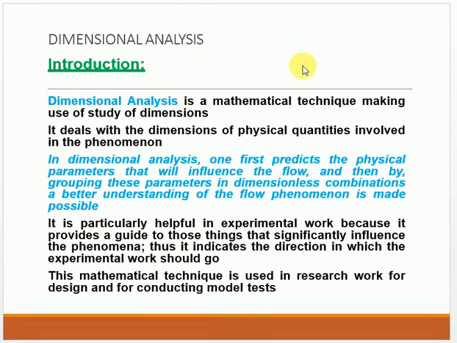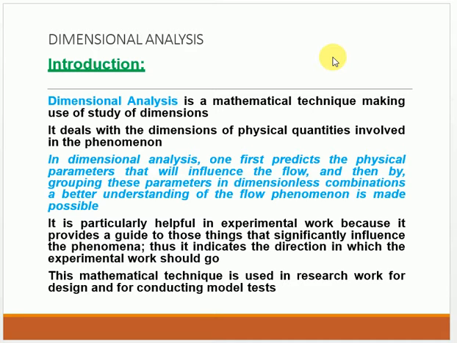So here we'll discuss dimensional analysis. What is the need for dimensional analysis? Why do we need it? Because each physical quantity has its own units, right?